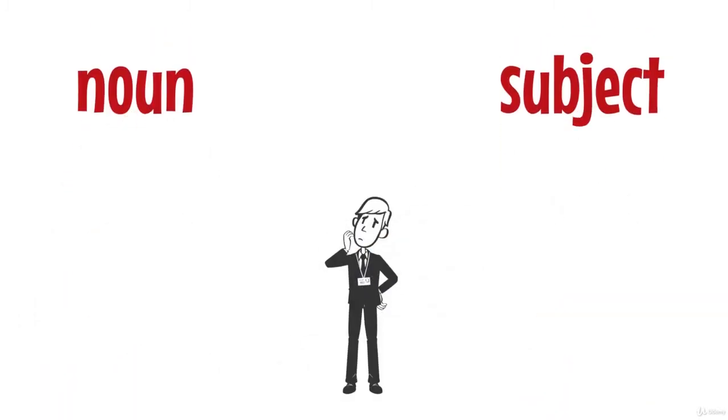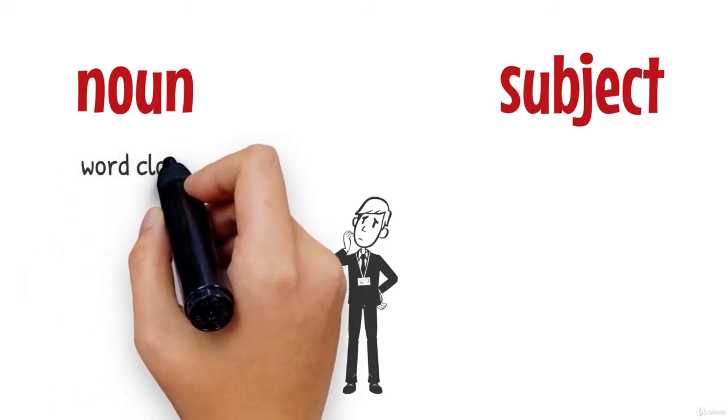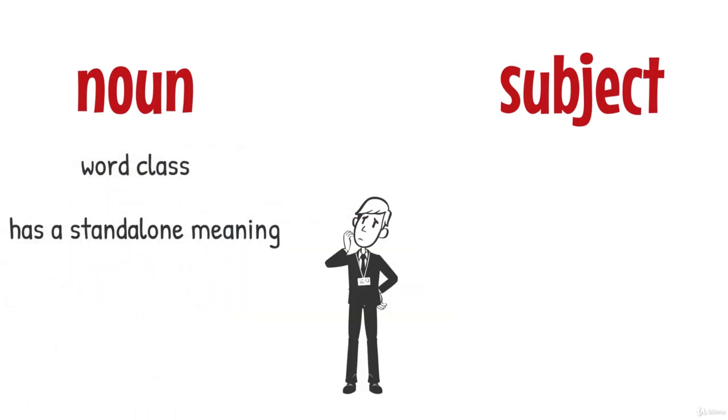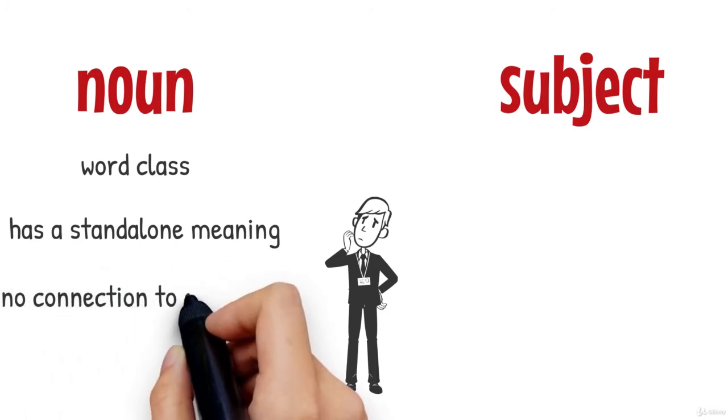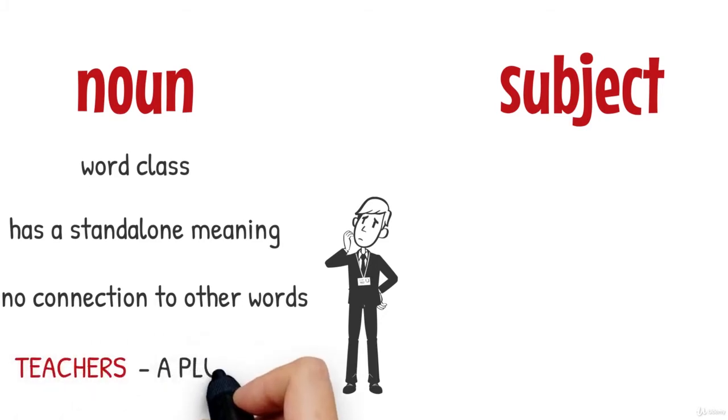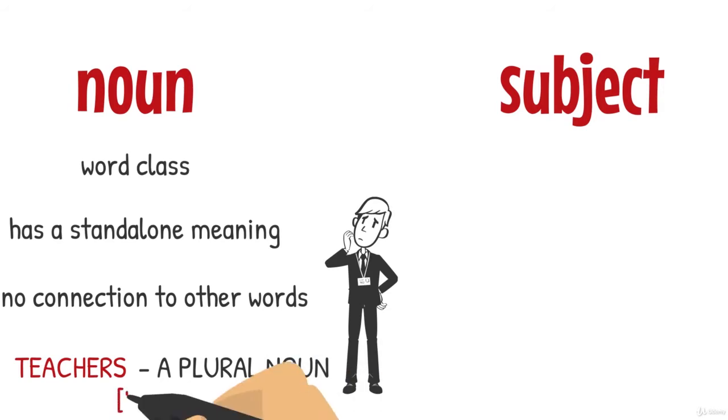Again, what is the difference between a noun and a subject? A noun is a word class, and it has its own standalone meaning, without any connections to other words in the sentence. Teachers, by itself, is a plural noun. It answers the question who.